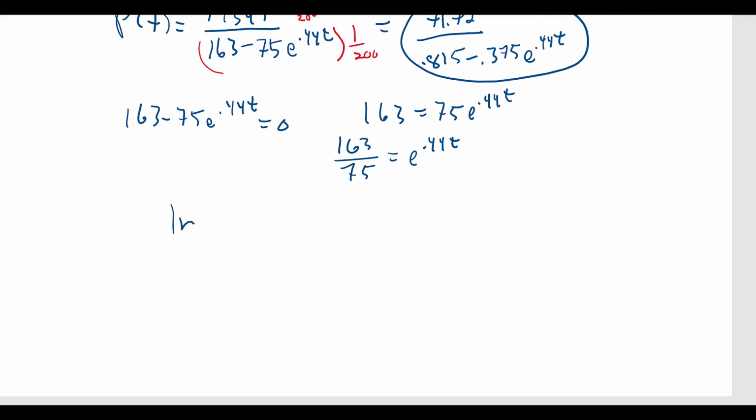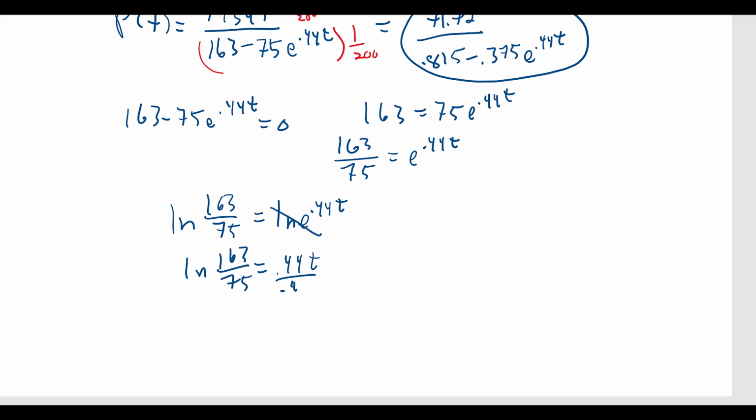Then we take the natural log of 163 over 75 equals the natural log of e to the 0.44t. That cancels. So the natural log of 163 over 75 equals 0.44t.